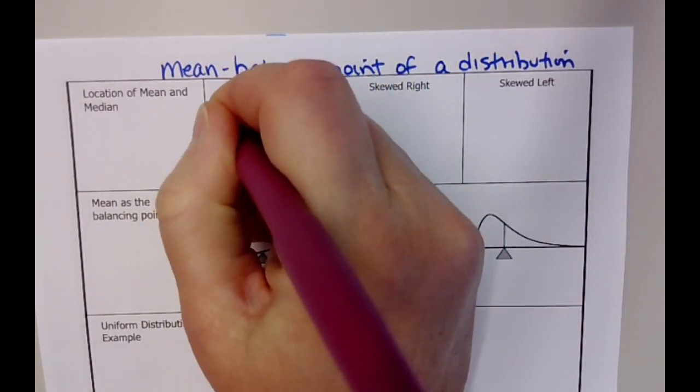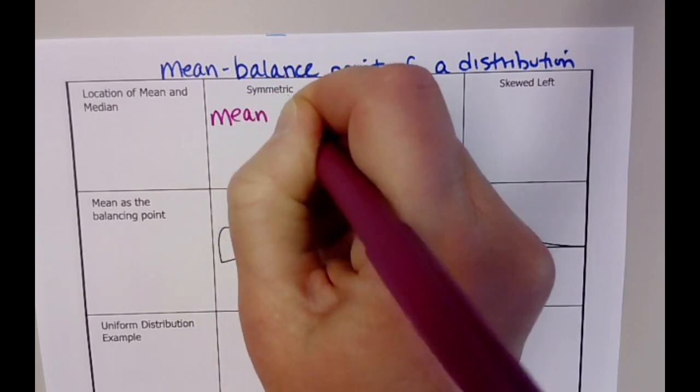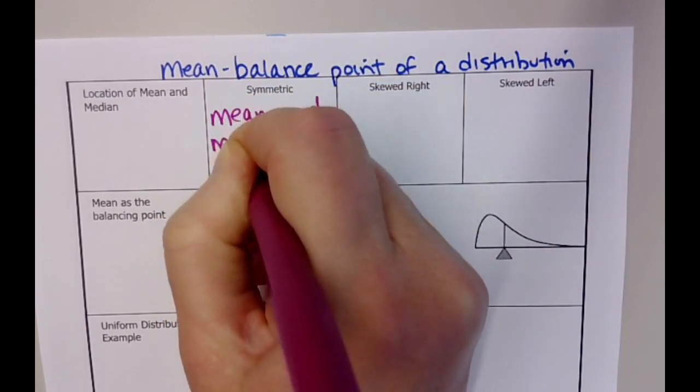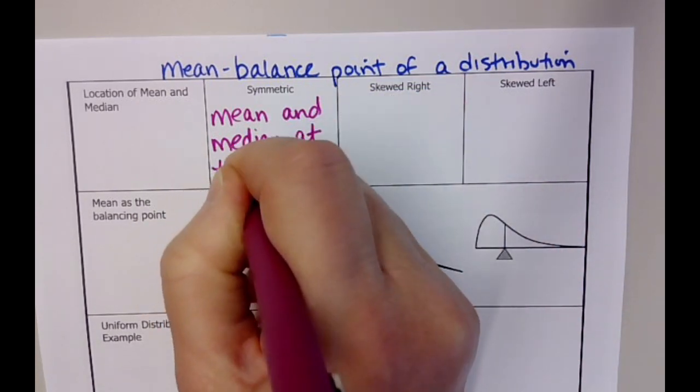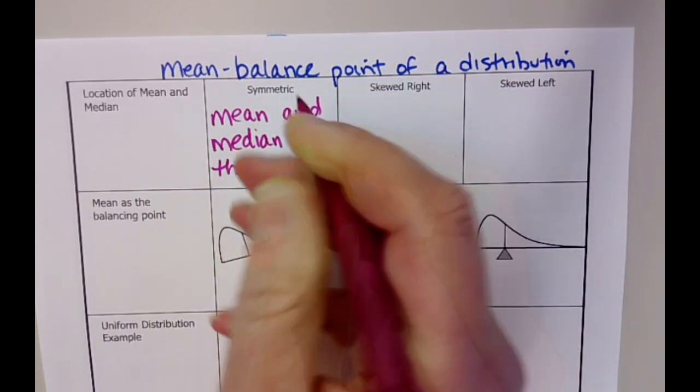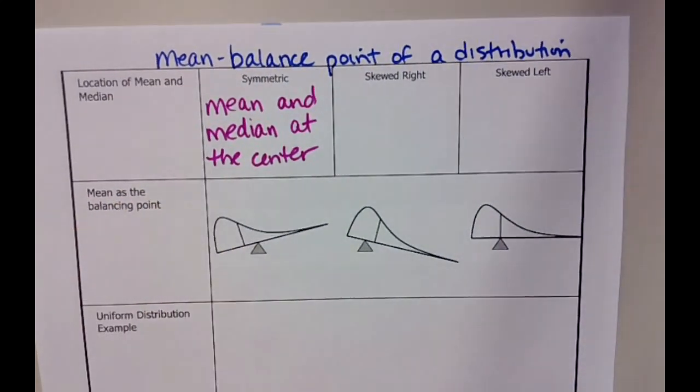Okay? So when a curve is symmetric, the mean and the median are at the center. Okay, we're talking about a curve.